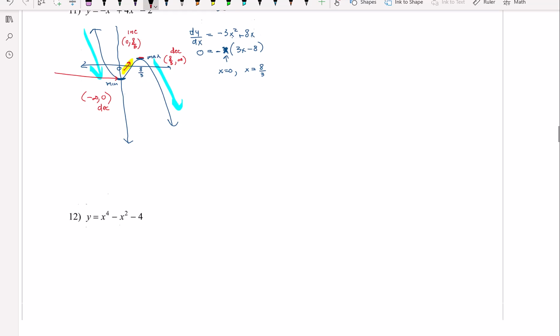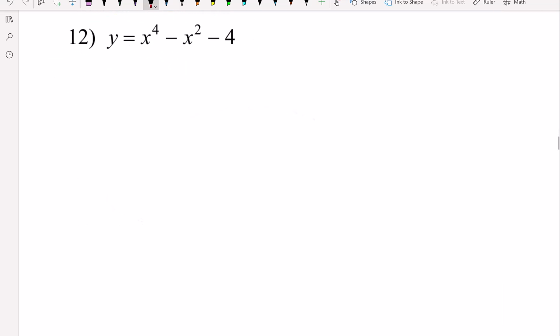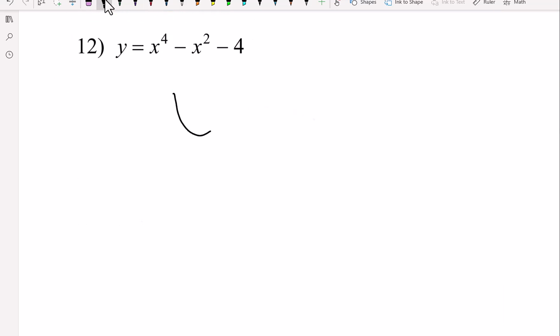Let's see. So a positive x to the fourth. So we're going to have decreasing there, decreasing there. We're going to have increasing there, increasing there.